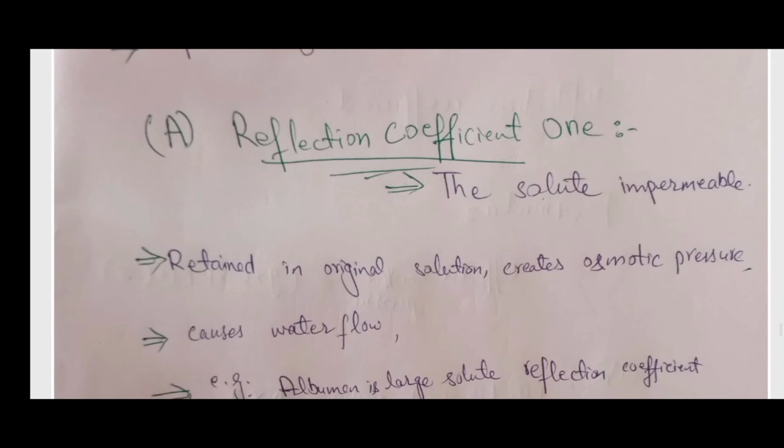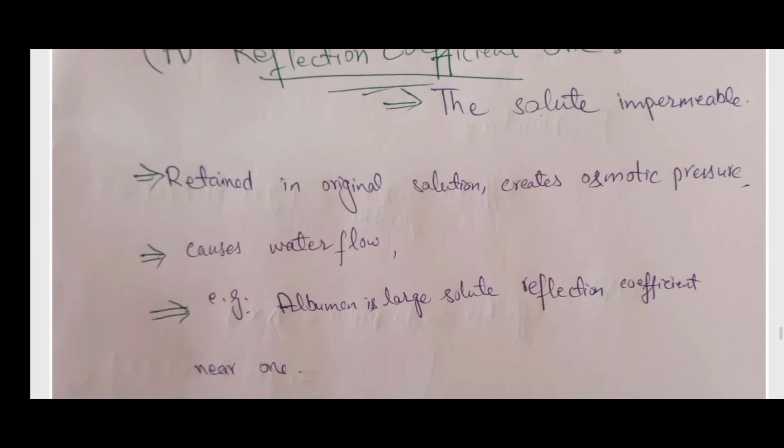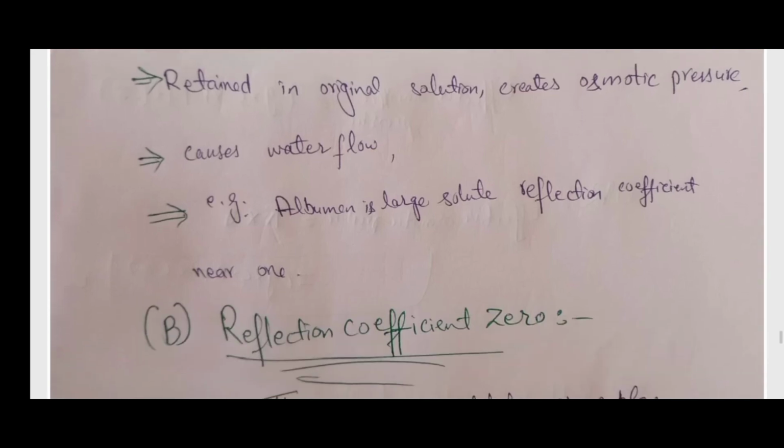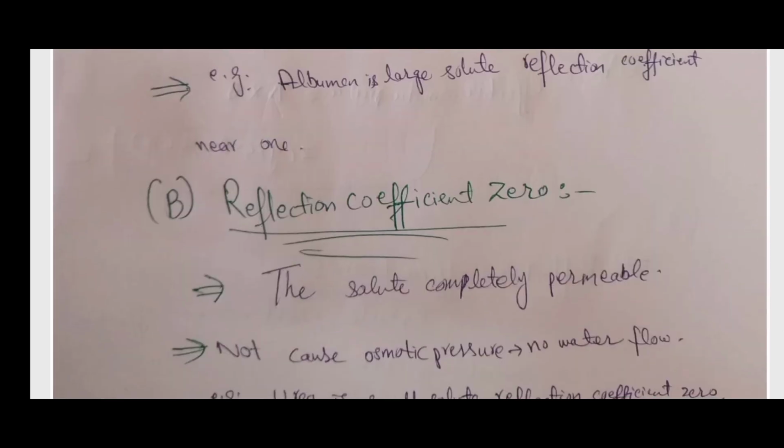If the reflection coefficient is 1 for a solute, it means the solute is impermeable and will remain in the original solution, and it creates osmotic pressure in its original place and causes water flow. For example, albumin, which is a large solute particle, has a reflection coefficient of 1. It causes the oncotic pressure.